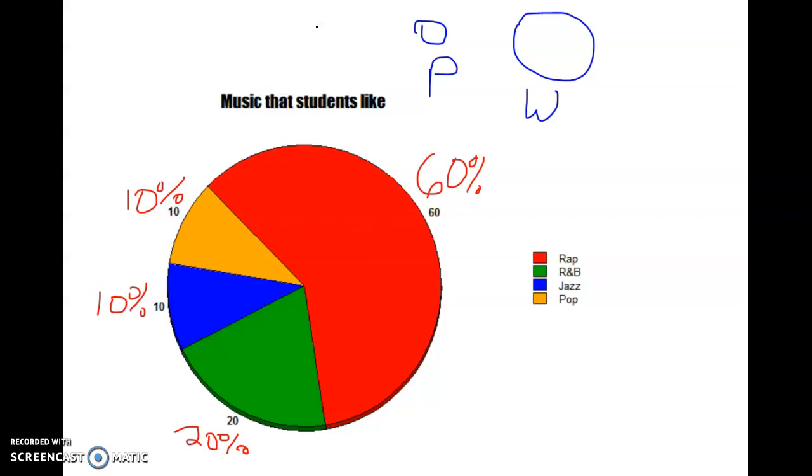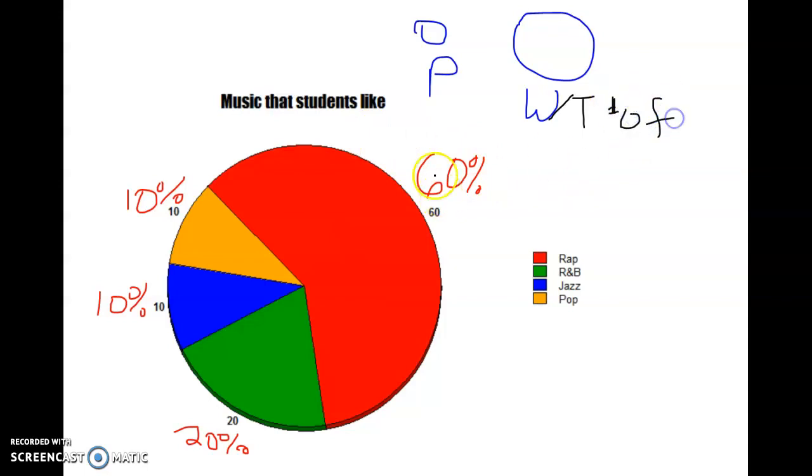Remember that a part is always smaller than your whole. Your whole is your total. I'm going to put W/T. Whole and total mean the same thing. In this situation, my whole or my total would be the number of students surveyed.